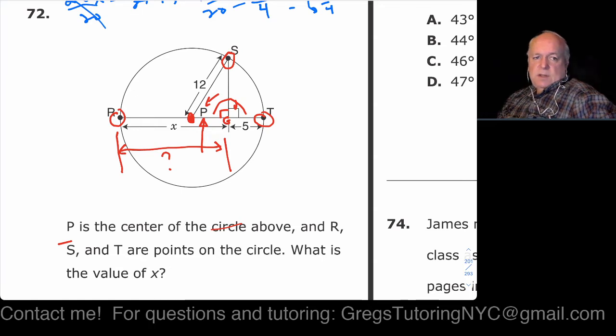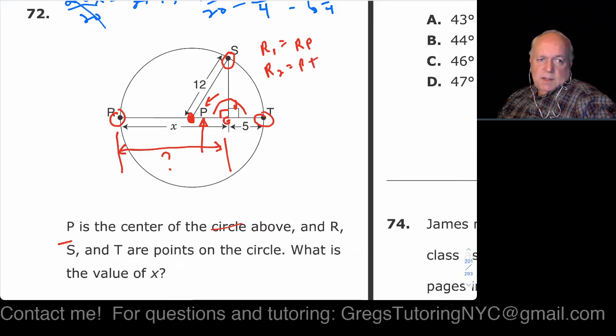For instance, the radius here, there's a whole bunch of radiuses. The first radius is RP. Okay, the second radius is PT. Okay, and the third radius is PS.